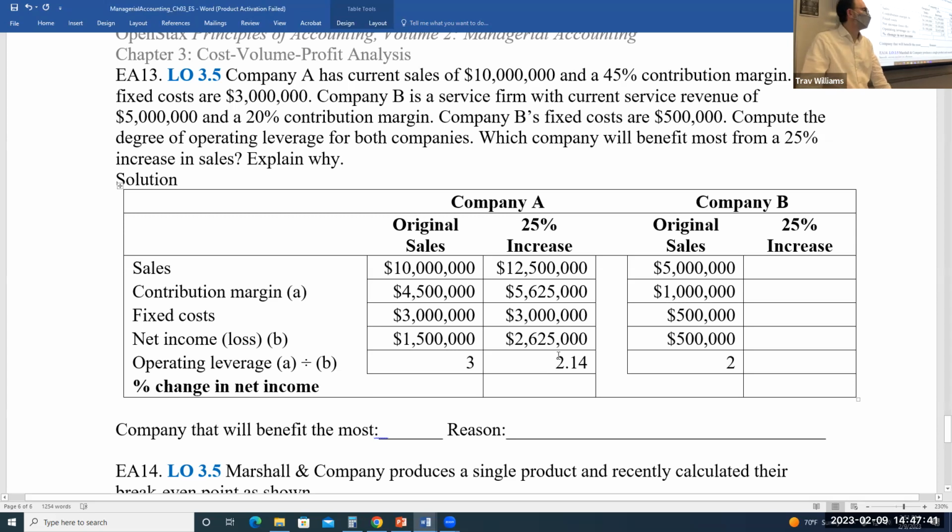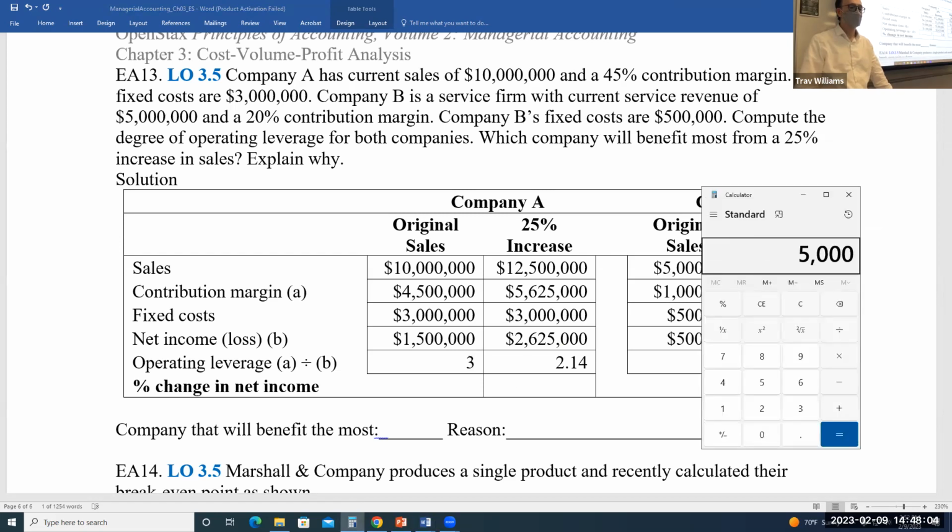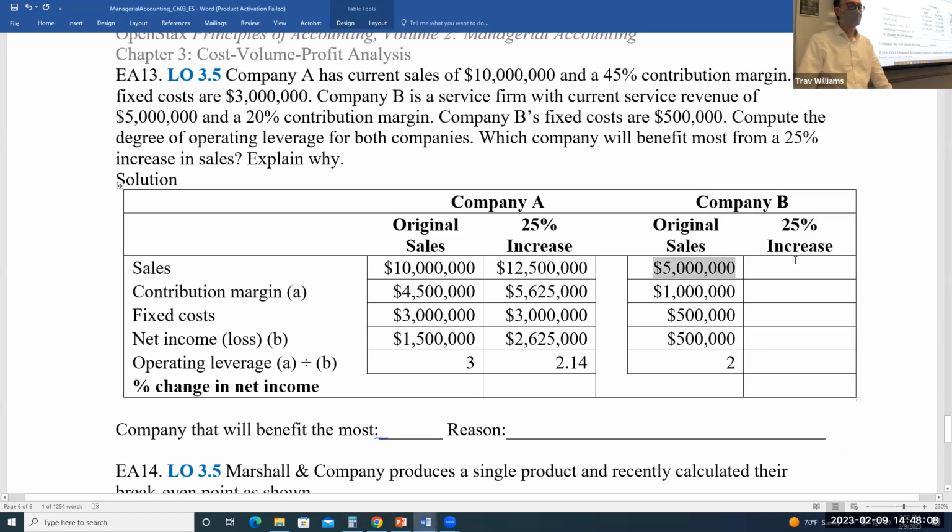But that's after the 25%, right? It's the first operating leverage based on the original numbers that's going to dictate the percentage change in net income from that 25% increase in sales. We have to do the 25% increase over here as well. So we could take 5 million times 1.25, 6,250,000.